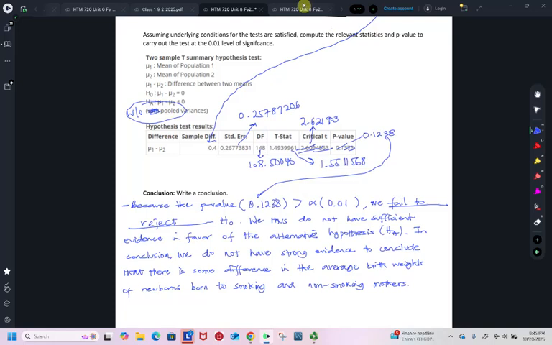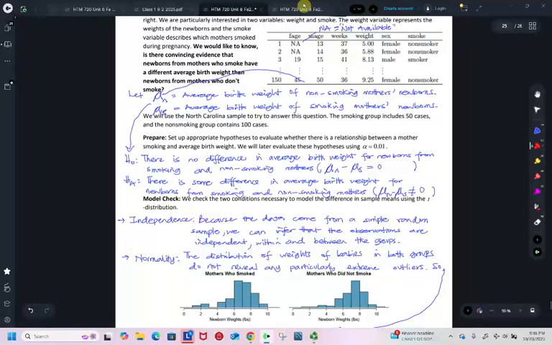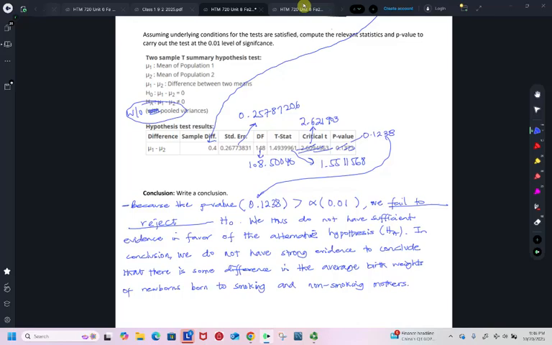And if we're not rejecting the null hypothesis, it means going back to the beginning, the null hypothesis, we are not rejecting it. That means we do not have sufficient evidence in favor of the alternative hypothesis.